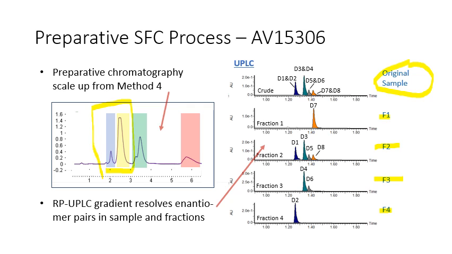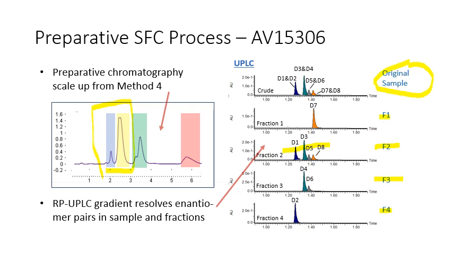The other thing we know at this point is that all 4 of these peaks in fraction 2 are diastereomeric to one another. There's no remaining pair of enantiomers because the other enantiomer at each of these retention times ends up in another fraction. So that gives us some information we can use. And the relative abundances of those 4 peaks are clear from the chromatogram. So we have a lot of information that'll help us set up screening runs.